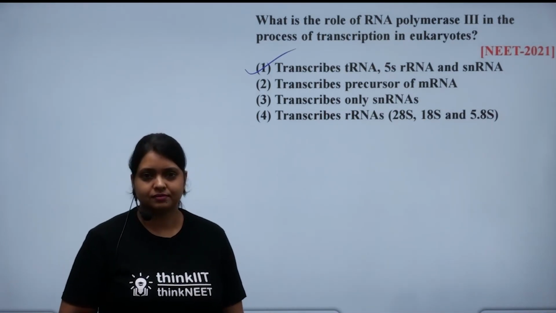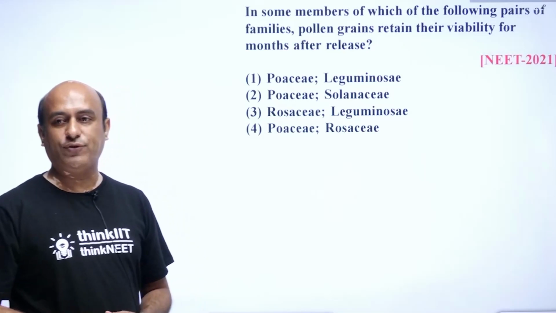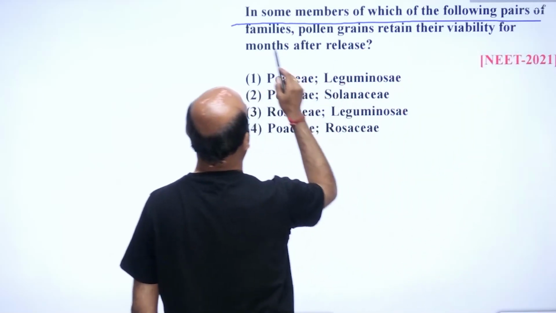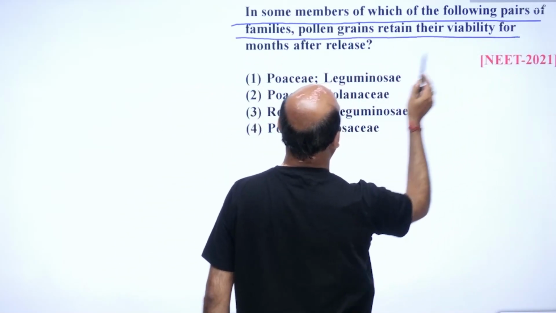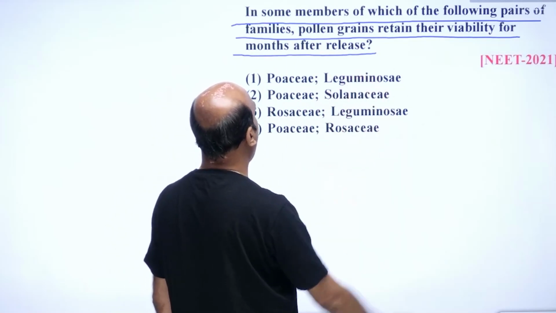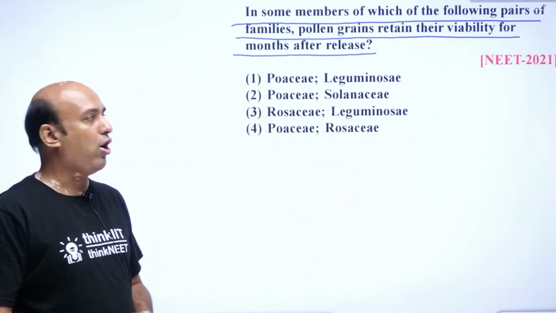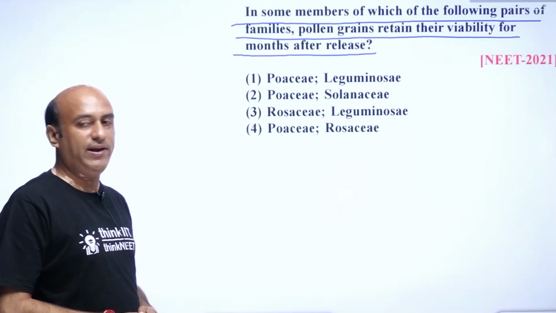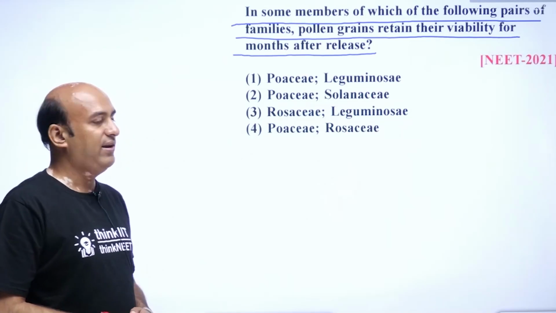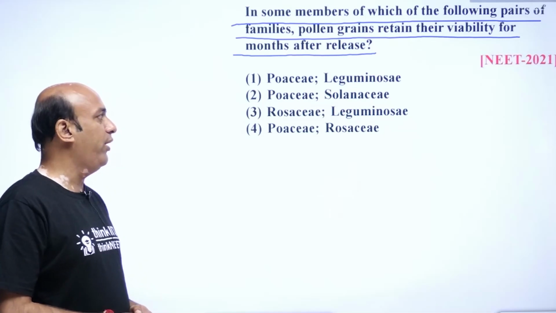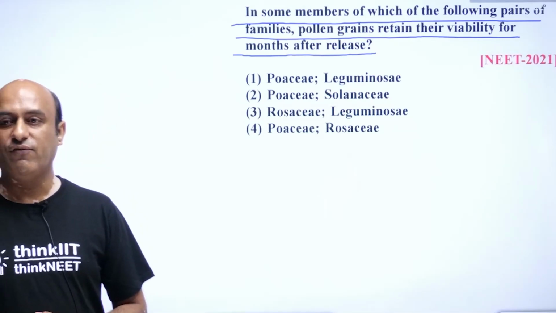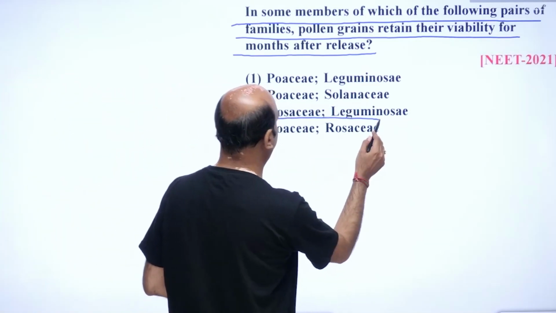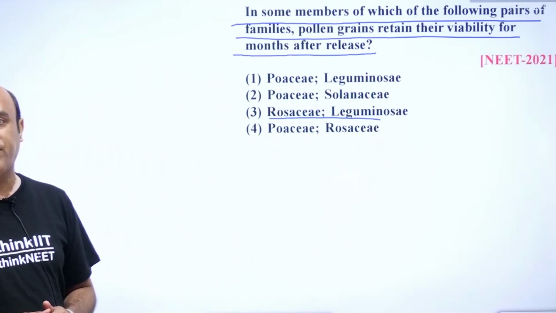Thank you. Now students, let us come to the next question. Here the question is, in some members of which of the following pairs of families do pollen grains retain their viability for months after release? Here the options are: option number 1 Poaceae, Leguminosae; option number 2 Poaceae, Solanaceae; option number 3 Rosaceae, Leguminosae; and option number 4 Poaceae, Rosaceae. So students, which option is the correct one? We know that the correct answer is option number 3. Why can we say option number 3 is the correct answer?